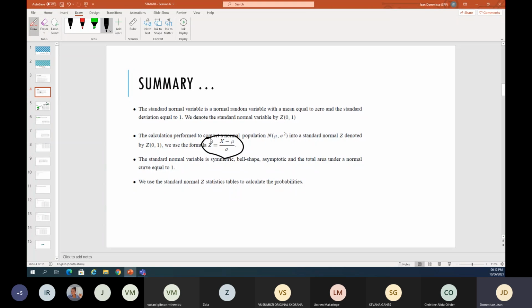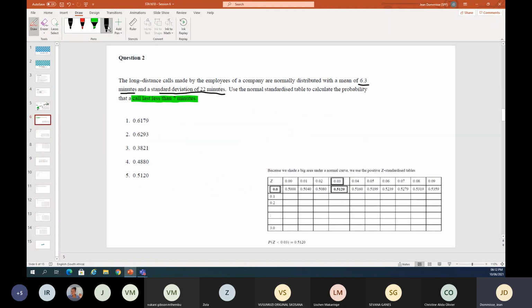Not in this chapter yet, but when we get there, I'll explain that as well. So we use this formula a lot. It is basically Z is equal to x minus mu divided by standard deviation.